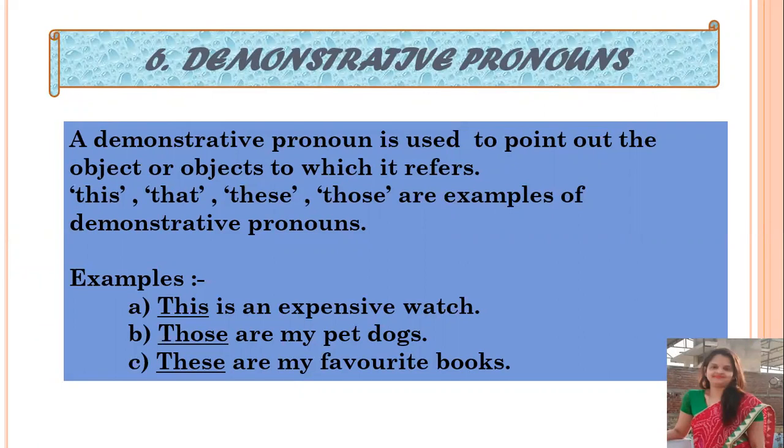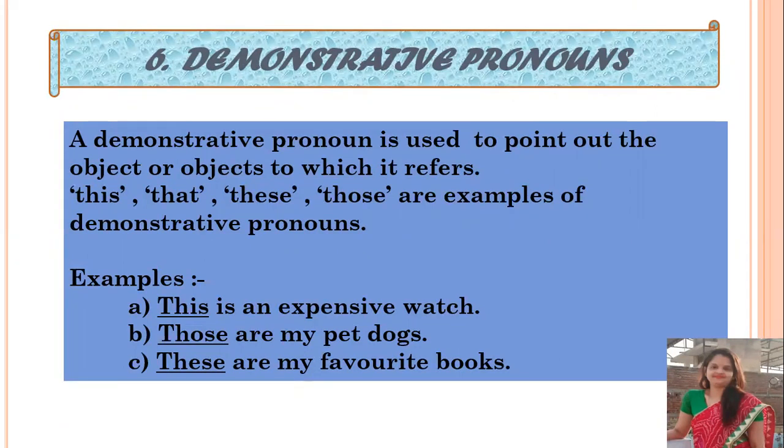This book is mine. Or these gloves are woolen. This bag is mine. So these are a few examples where you point out particular things, and they are known as demonstrative pronouns, means where you point out the particular thing or object which it refers to. And examples are this, these, that, and those.